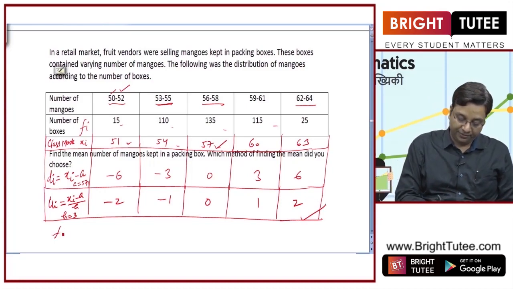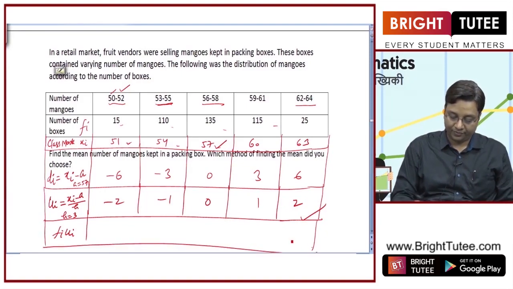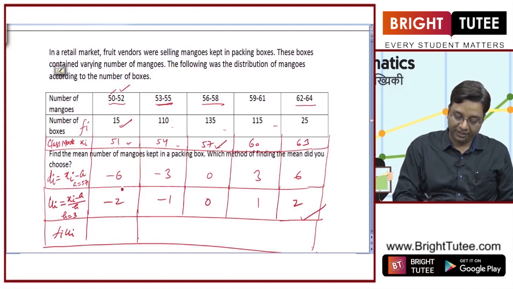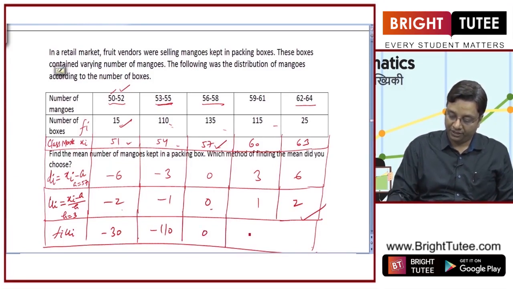Now, fi ui: 15 into minus 2 is minus 30, 110 into minus 1 is minus 110, 135 into 0 is 0, 115 into 1 is 115, 25 into 2 is 50.